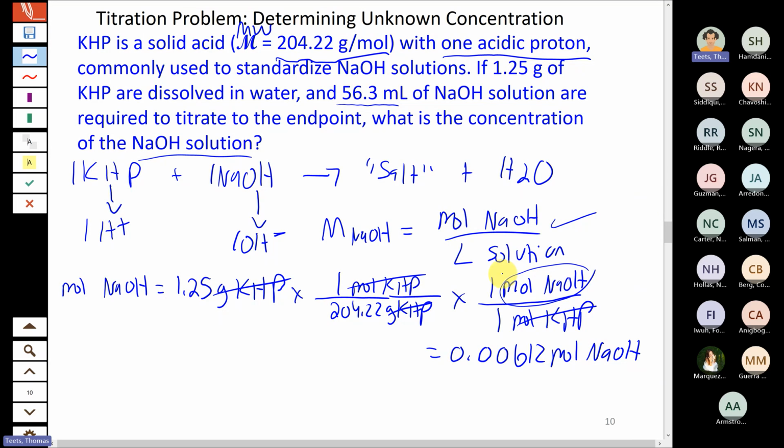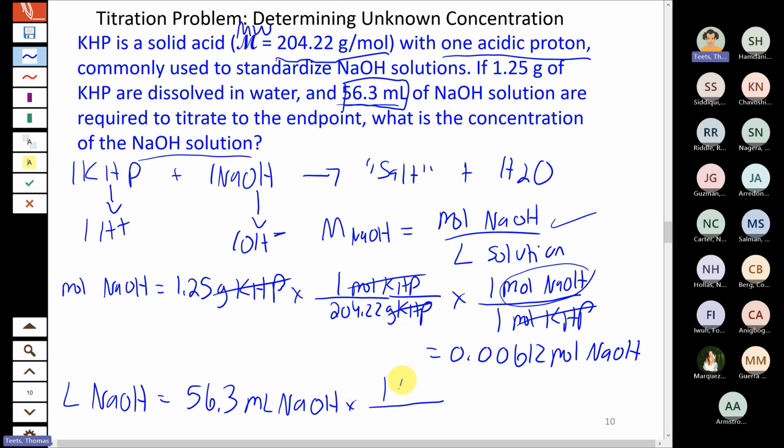We got that, and then to get the denominator, it's just a conversion factor. We're looking for the liters of that solution if we want to calculate molarity. So we have 56.3 milliliters of solution that's given to us directly in the problem. That's how much is required to reach the endpoint. And we have 1 liter of that solution corresponds to 1,000 milliliters.